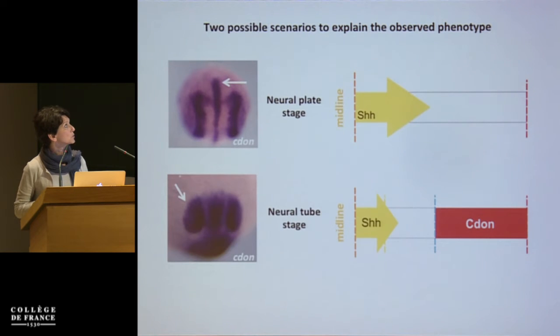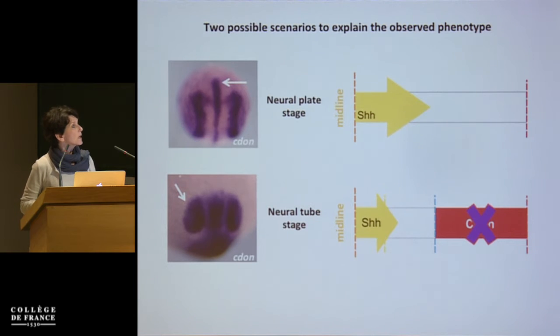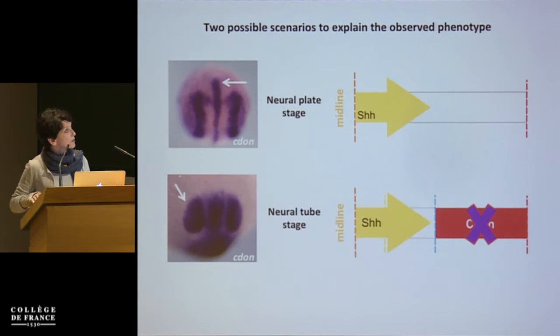On the other hand, one could think that expression of Kedon in the optic vesicle itself could limit sonic hedgehog movement across the optic vesicle, and therefore abolishing Kedon expression just in the optic vesicle would lead to an increase of sonic hedgehog expression, and therefore affect the proximodistal patterning of the vesicle.